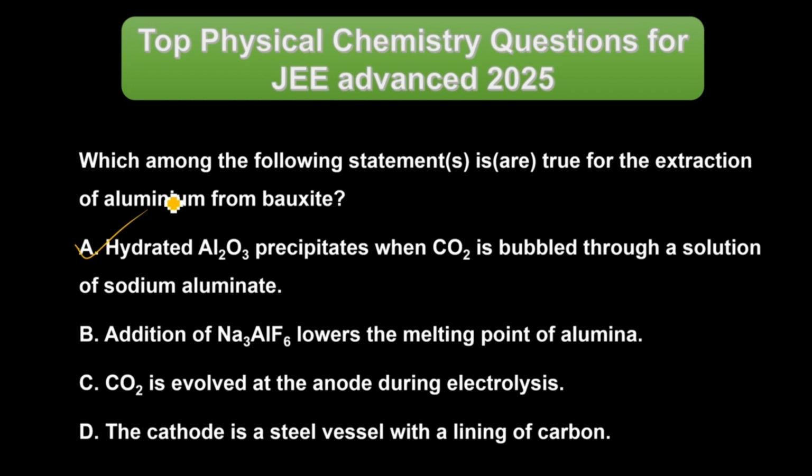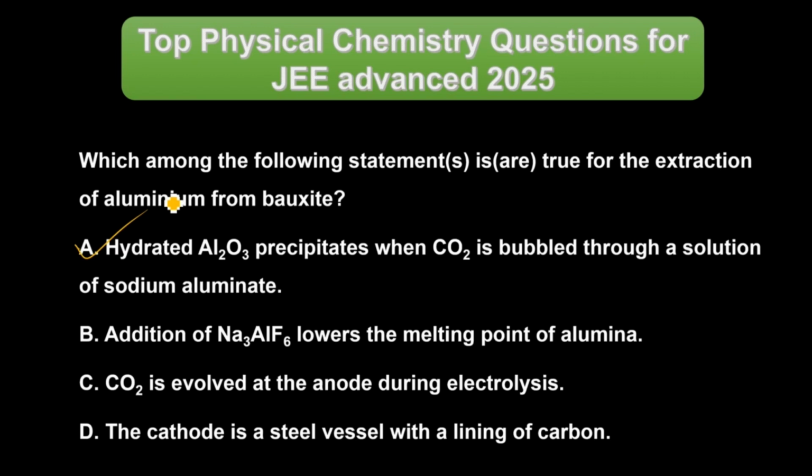And the electrolytic reduction of this pure aluminium, we will do electrolysis for purification purposes, right? So electrolytic reduction takes place in a steel box with a lining of carbon, with cryolite and fluorspar, which lower the melting point and increase the conductivity of the electrolyte as well.